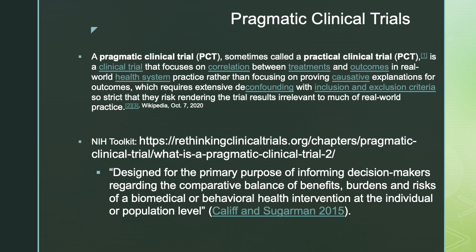And the inclusion-exclusion criteria are usually much looser than they are in more controlled trials, and that's because the real world is messy. So you encounter a lot of variability right from the beginning.